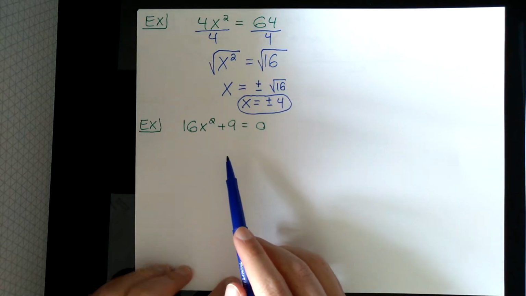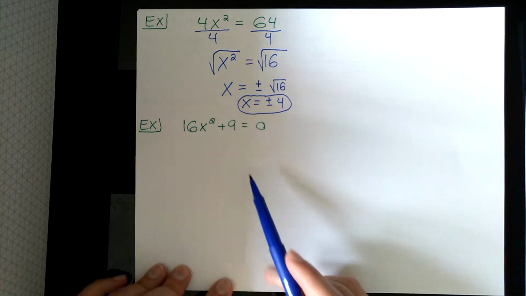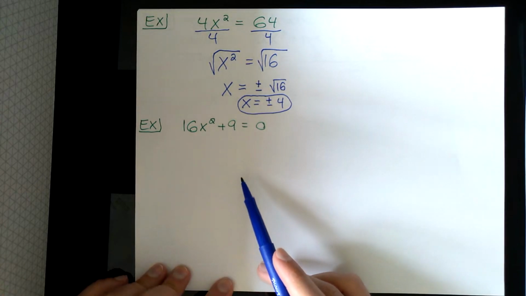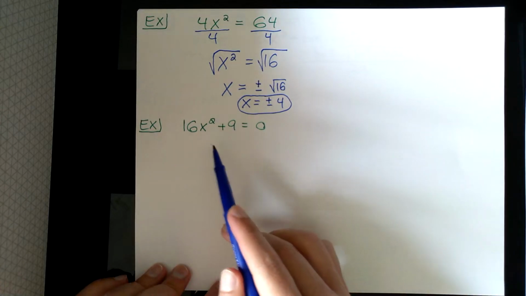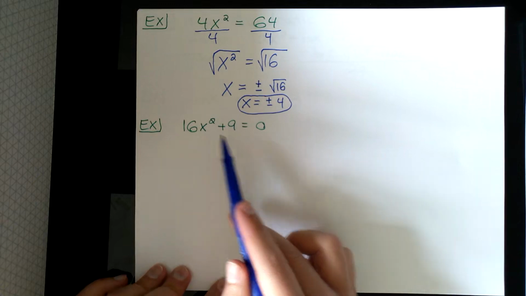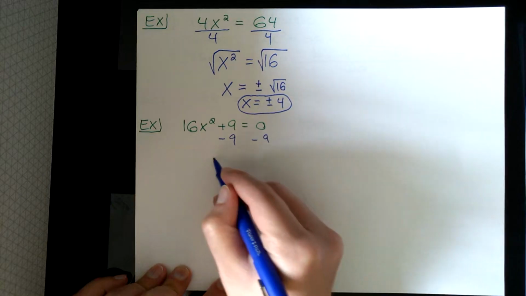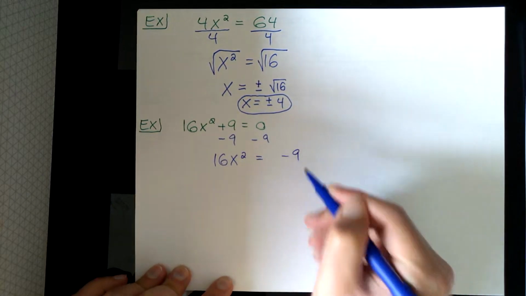All right, from here, go ahead and take a moment. Try out this next problem, 16x squared plus 9 equals 0. Okay, so the first thing we have to do is start getting this x squared alone. We'll start by subtracting the 9 from each side to get 16x squared equals -9.